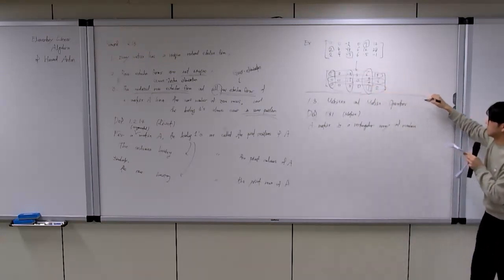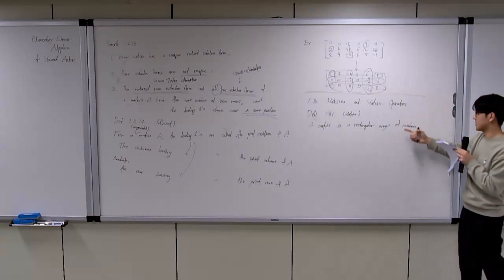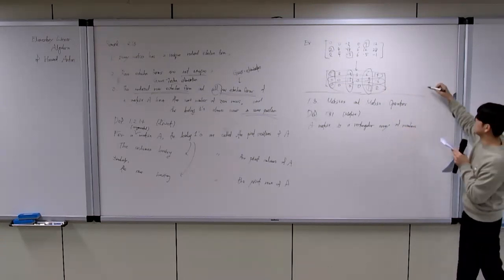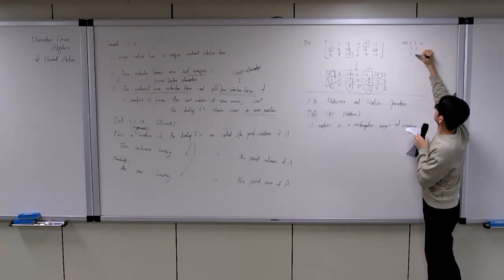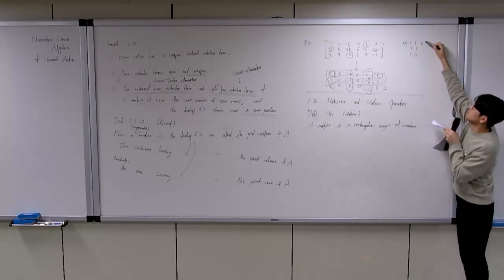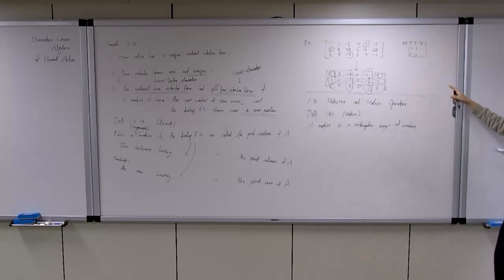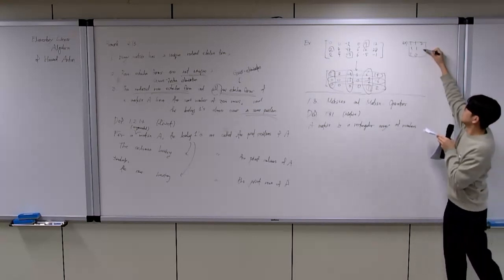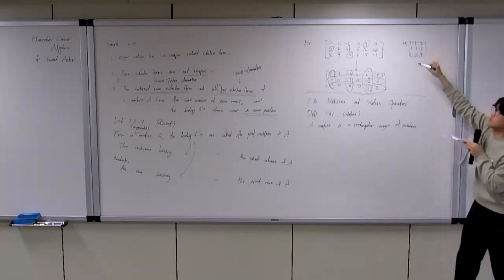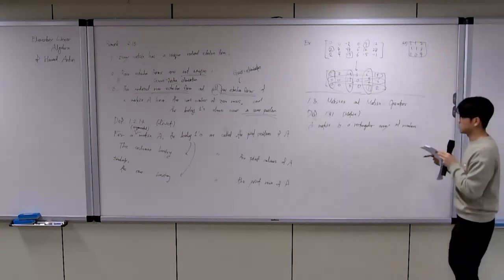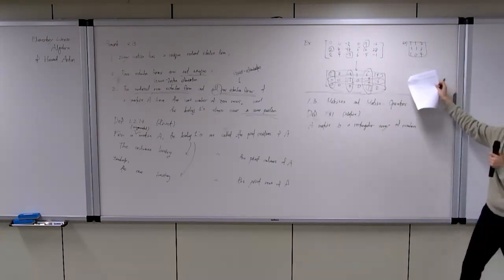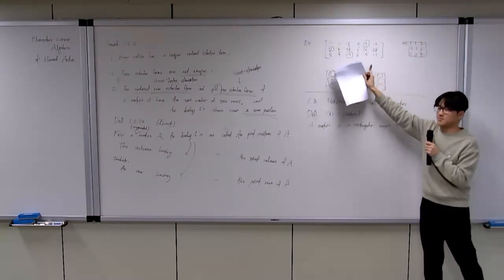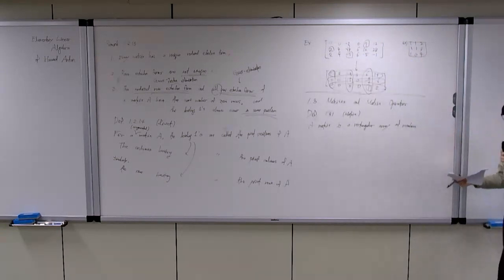But if I give a non-rectangular array, like 1 1 2 1 1 1 0, in this case it is not rectangular, so it is not called a matrix. We only call rectangular forms a matrix. The square case is also called a matrix.